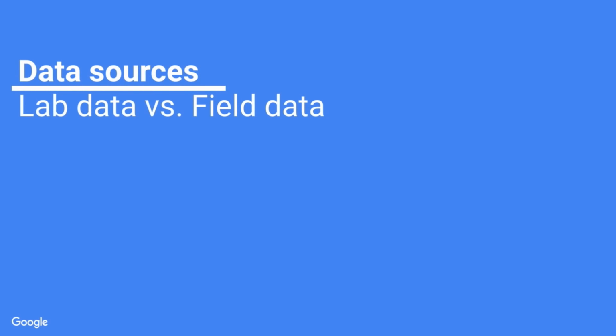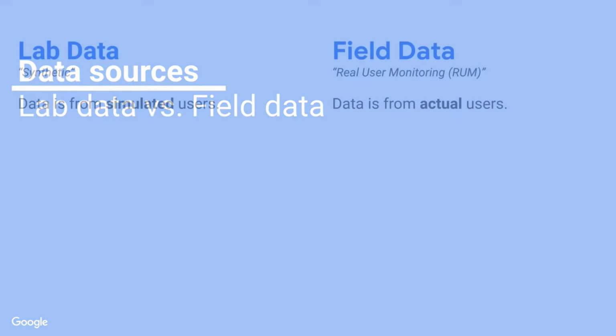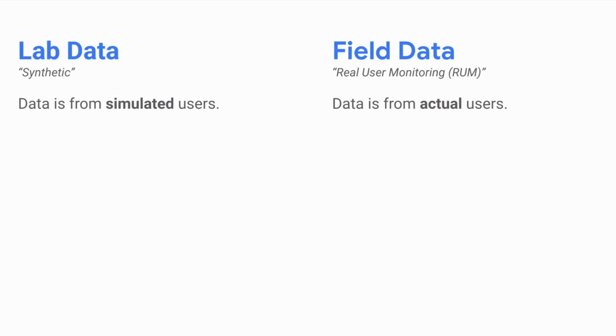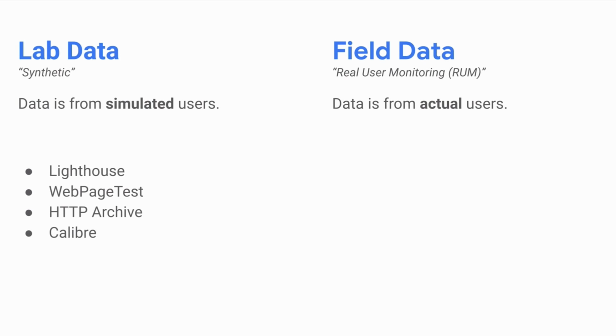Now, to talk about data sources that different tools can actually use. Like we mentioned earlier, we can look at lab data, or synthetic data, and this is data from simulated users. Some tools will use field data, or RUM data, or real user monitoring, and this is data from actual users as they experience your site. Tools like Lighthouse, WebPageTest, HTTP Archive, and Calibre are all examples of tools that use synthetic lab data.